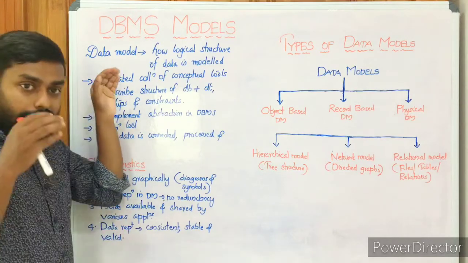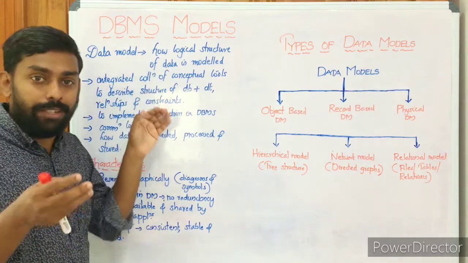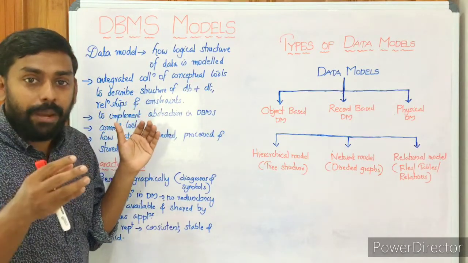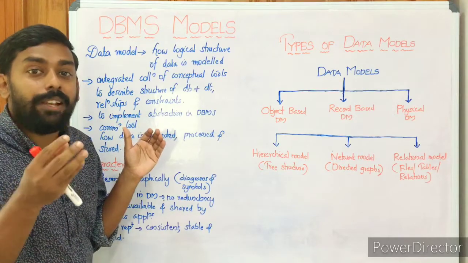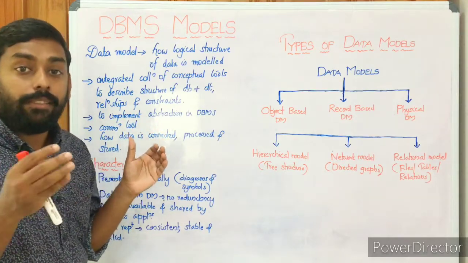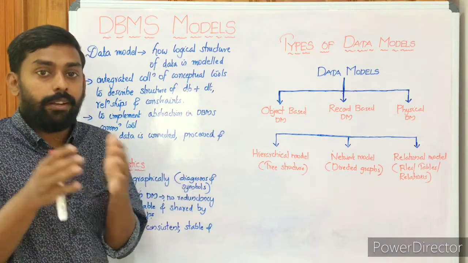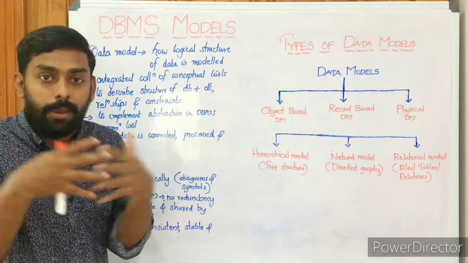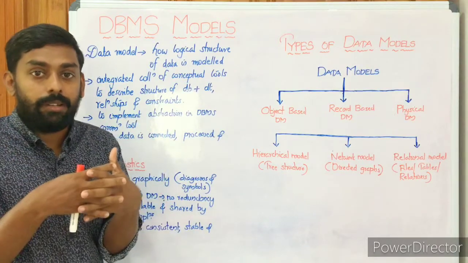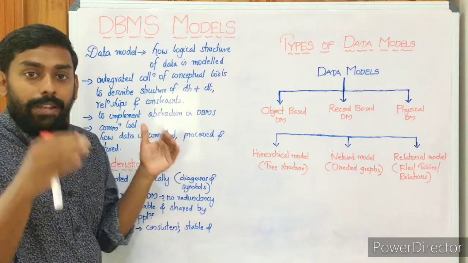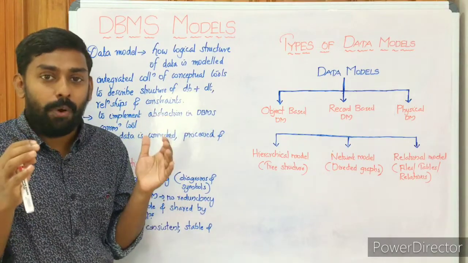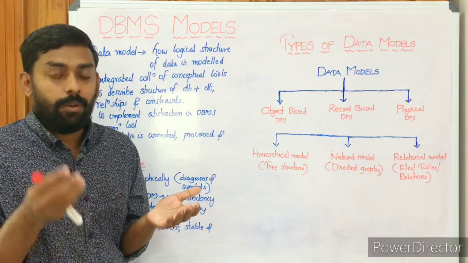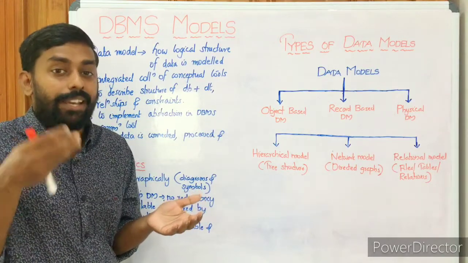It's an integrated collection of tools used to describe the logical structure of data along with the associated data types of data stored in the database, plus the relationships among tables or relations, plus the constraints. We know constraints are imposed in the database just to ensure the validity of data, so as to make the data integrated.